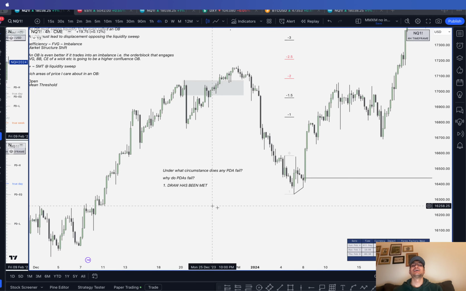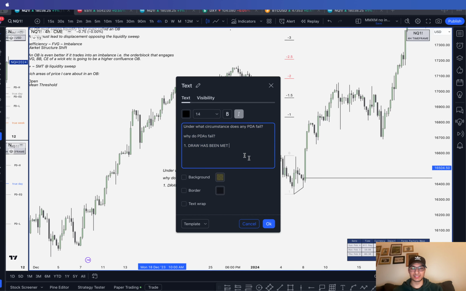We look for the flip to support, the other side, the flip of the PD array. I've said this to my students for probably six months straight, and I'm going to say it again. A PD array will only support price insofar as the draw on liquidity has not been met.